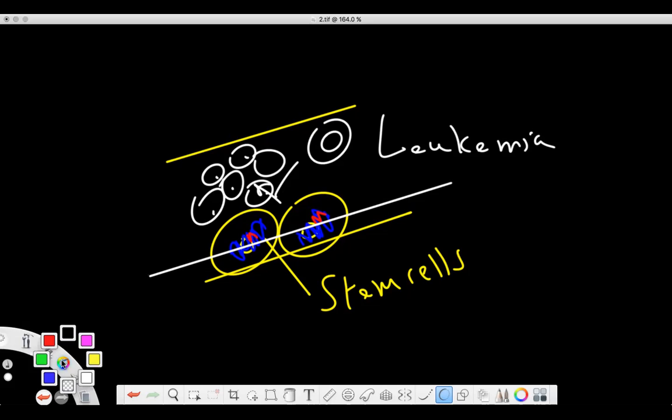Then we should replace them with correct cells which do not have a mutation. That is our way of thinking. If we have to find a solution, we need to remove these cells because they are the defective cells. If we remove these cells, we want to bring new stem cells. They are not defective.